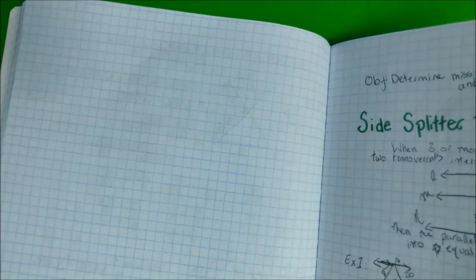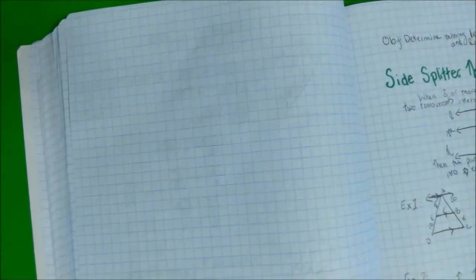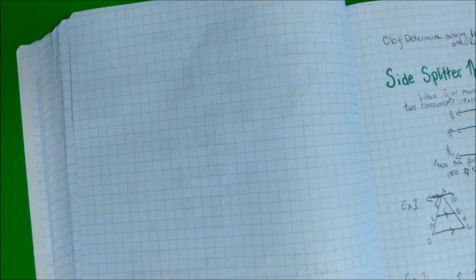There's one other theorem that we need to know. And this one, you're not going to believe me that this is true. And I'll explain why this is true in class. But I just want to keep the video short for today. Okay? So the other theorem is the angle bisector theorem.